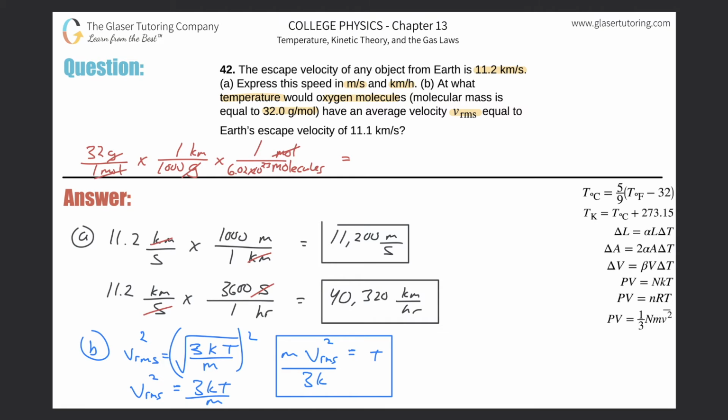So we'll take 32 and divide it by, in parentheses, 1,000 multiplied by 6.02 times 10 to the 23rd. And voila, we get about 5.32 times 10 to the negative 26, and that is going to be kilogram per molecule.